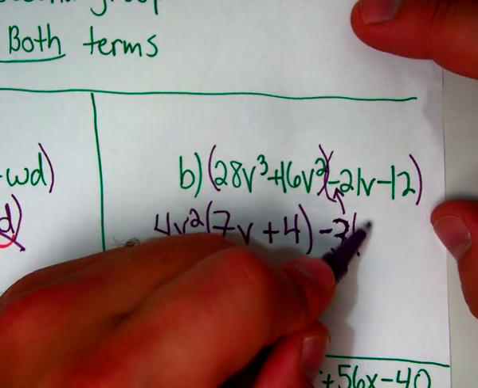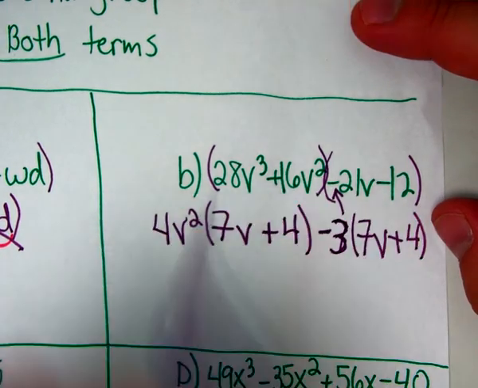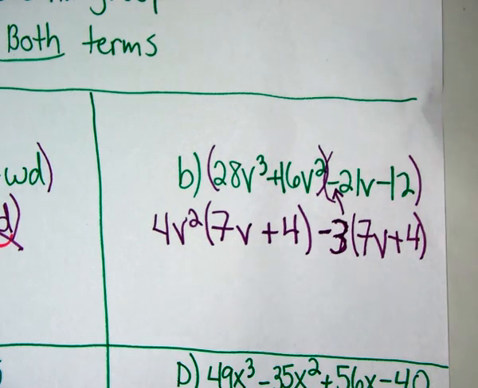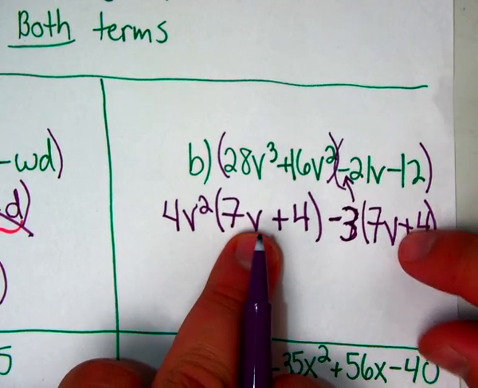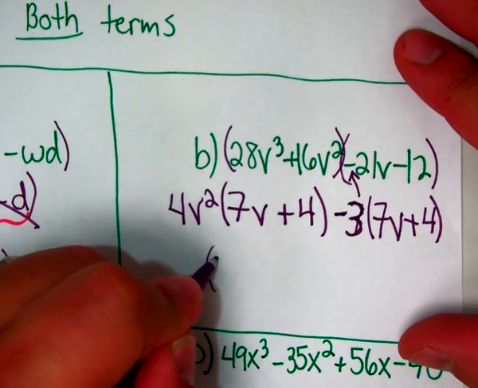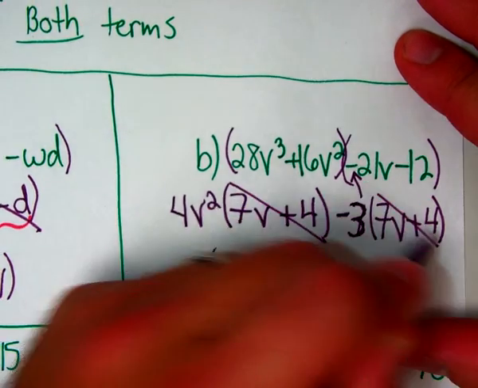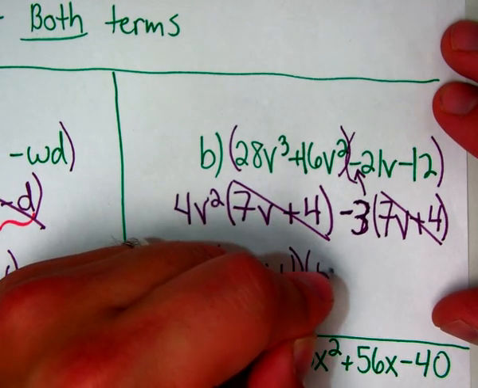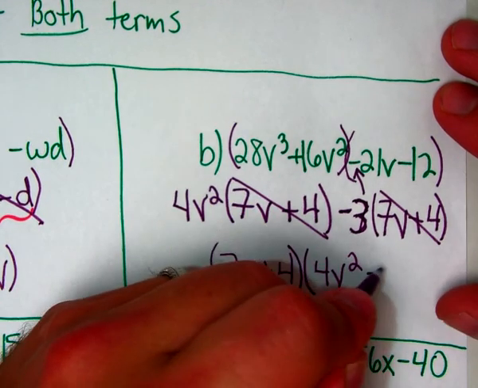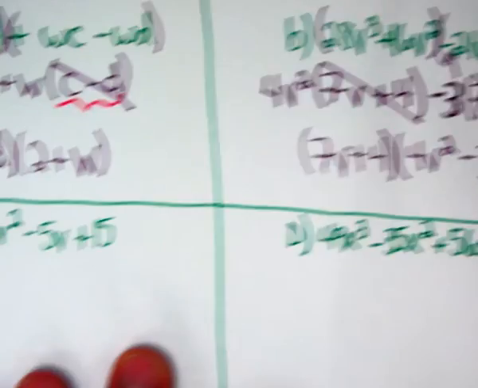That's going to leave us with a 7v plus 4. Now, when we look at these, what do they have in common? They both have a 7v plus 4. So then let's pull that out. And we're left with a 4v squared minus 3. And there's your answer.